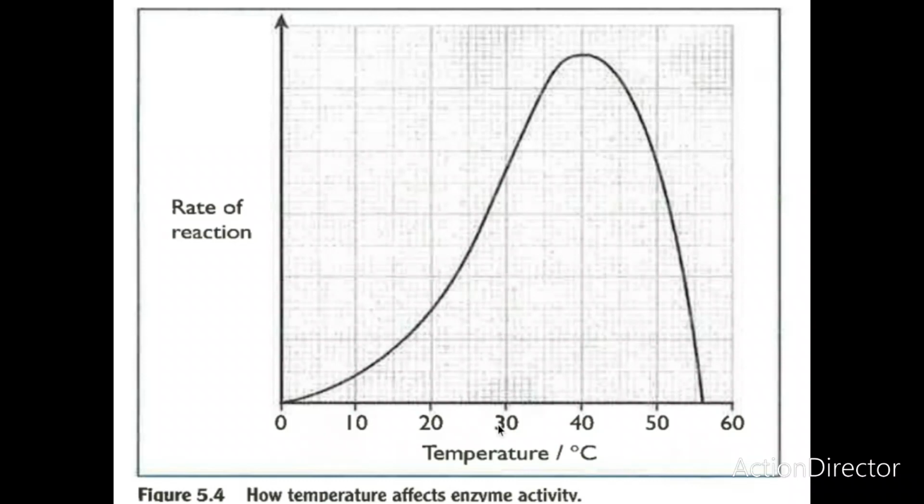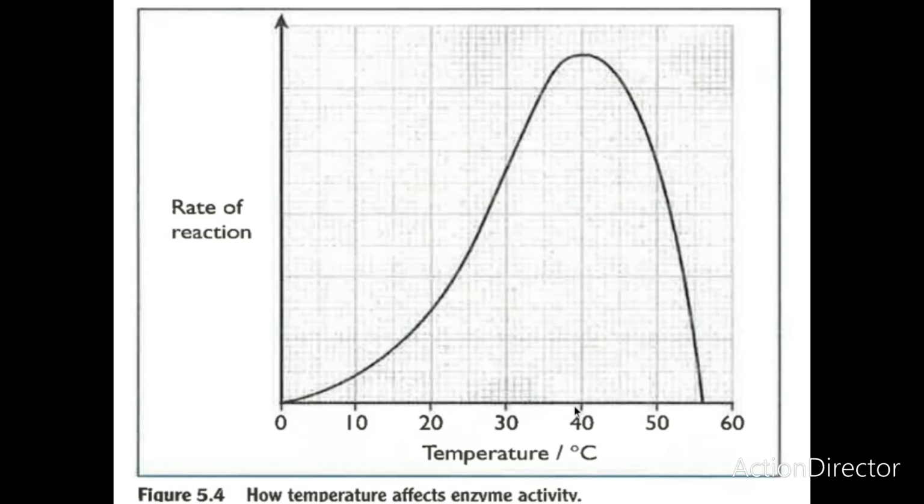This graph shows us how temperature affects enzyme activity. So at low temperatures, the rate of the reaction is low. This is because enzymes are inactivated by low temperatures. And as the temperature increases towards the optimum temperature, the rate of the reaction increases.